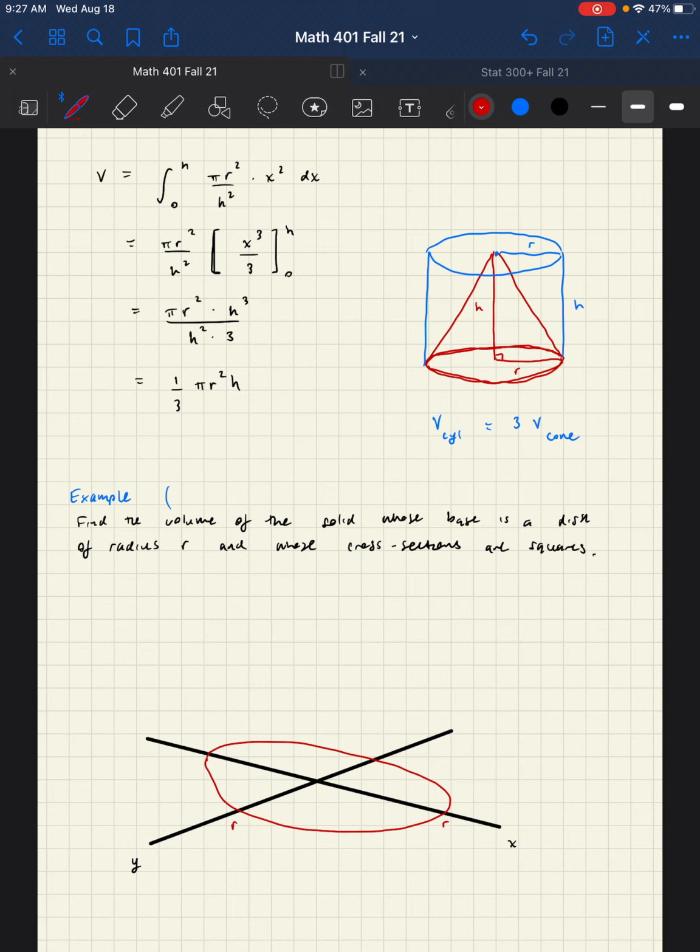Imagine that's a circle. So radius r means that's r there, that's r there. And its cross sections are squares. So from here to here, that's a side length of 2r. That means the height there is also 2r. See if I can do this justice.